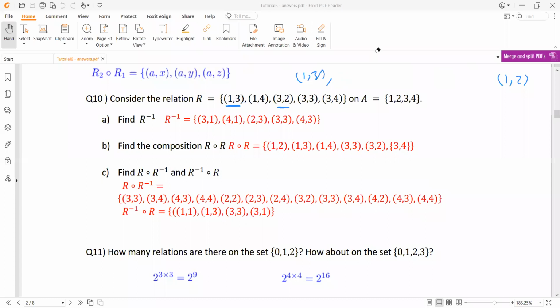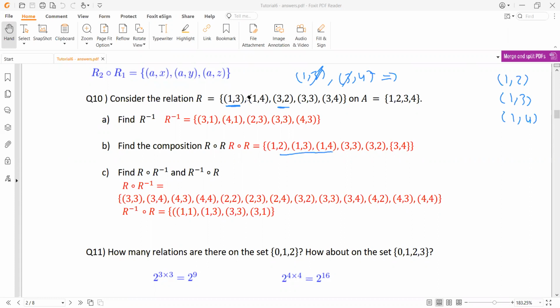And again, 1, 3 and 3, 3. So the result is 1, 3. And again, 1, 3 and 3, 4. So the result will be 1, 4.